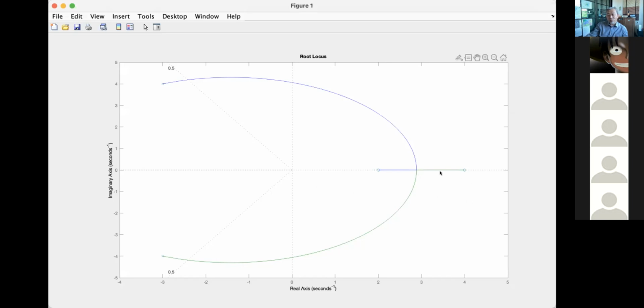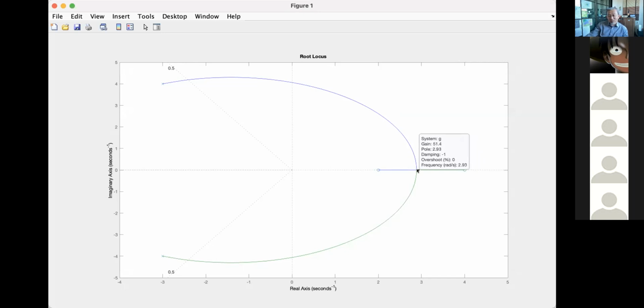Nombor 2, ni apa ni? Break in ke, breakaway ke, break up point ke apa ni? Breakaway. Kenapa breakaway? Salah. Bukan breakaway, break in tu.